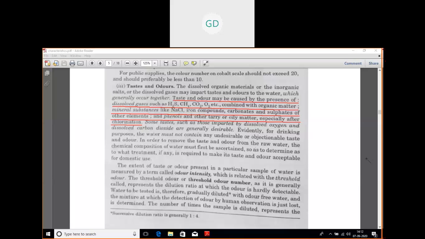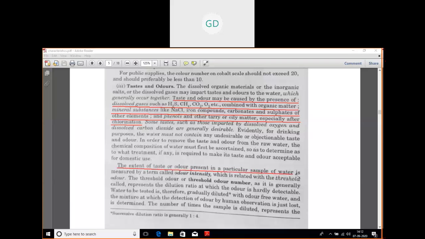So there is some permissible limit also, and there is a term by which the intensity of odor can be measured. This line you can write down.